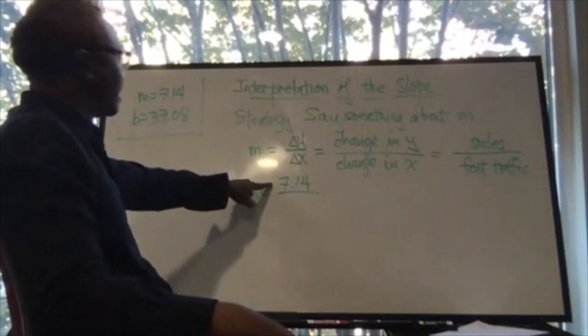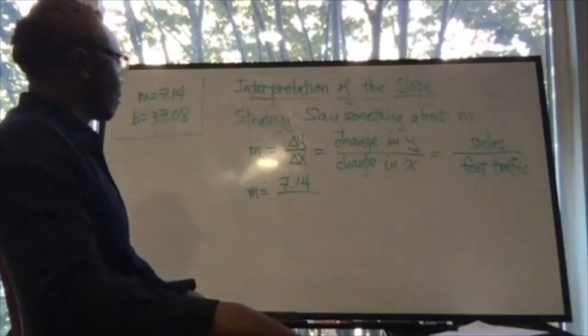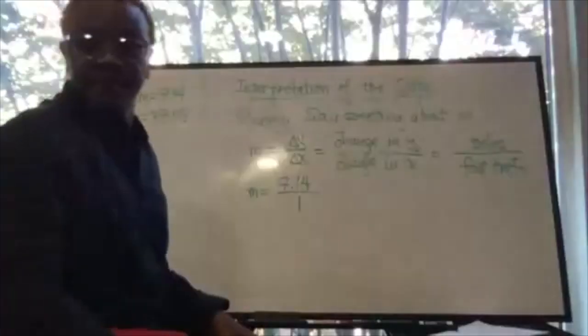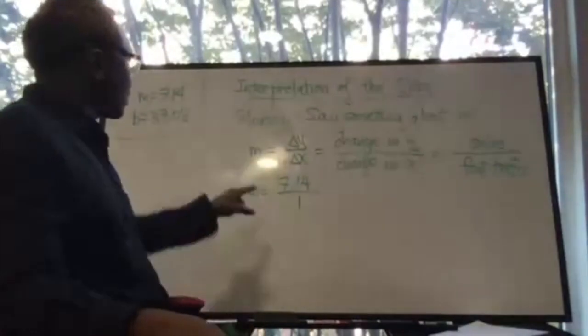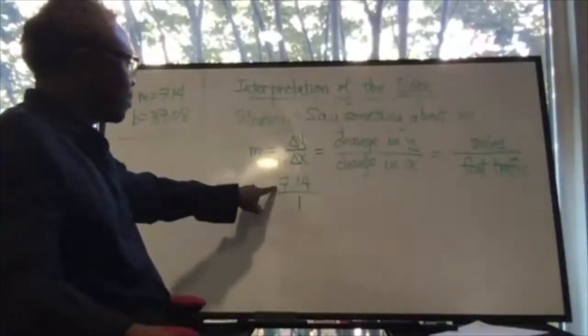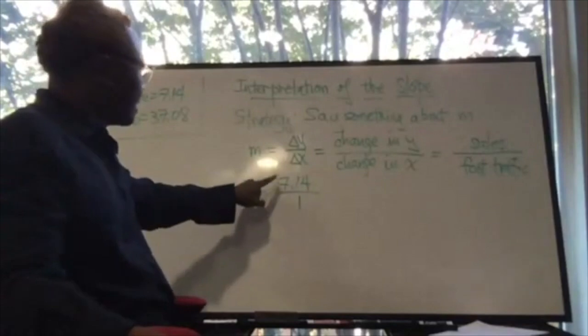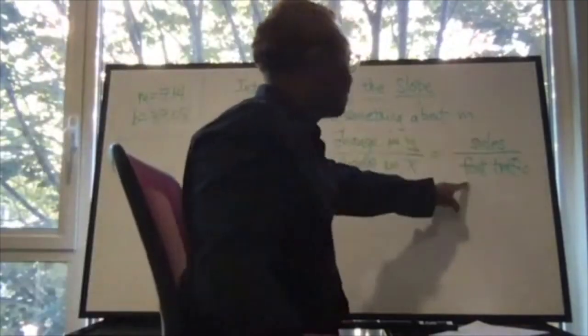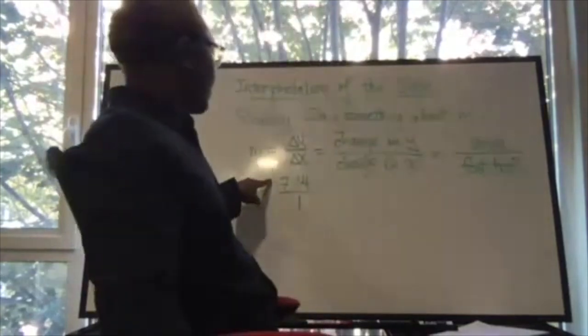Over what? One. Very good. So this is really what the slope is, 7.14 over 1. But look here, sales over foot traffic, 7.14 over 1.